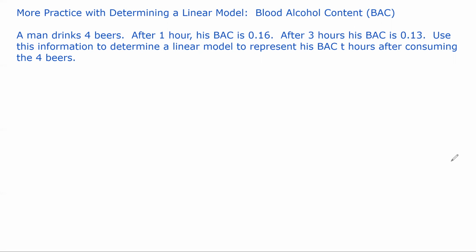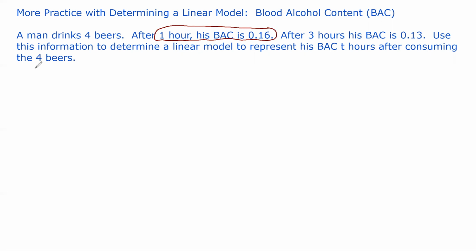consuming the 4 beers. So the first thing that we need to recognize is the fact that he had 4 beers is irrelevant to our goal of determining a linear model. We're going to use the information of how he's processing the alcohol.